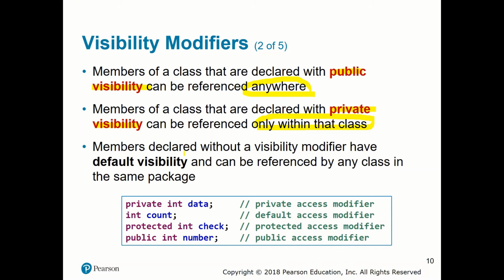Members declared without a visibility modifier have default visibility and can be referenced by any class in the same package. So there are 4 visibilities in Java: private, protected, public, and if there is nothing specified here, then it is the default visibility.